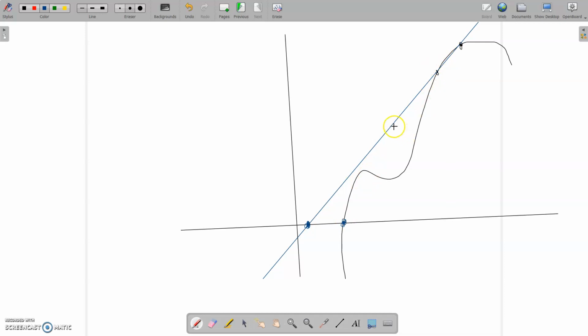We can make the line closer to this point, our original root. This is the second method. So in the second method, you are using a line. But what we'll do in the Muller method, instead of using a line, is try to use a parabola.